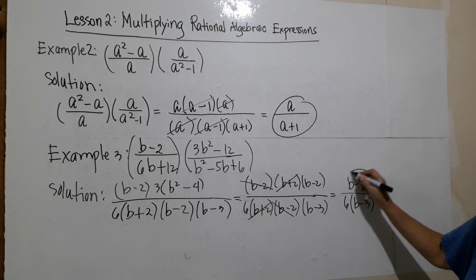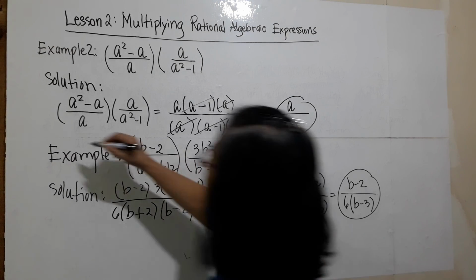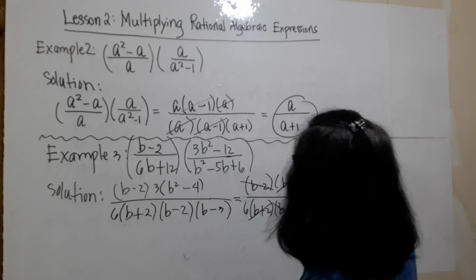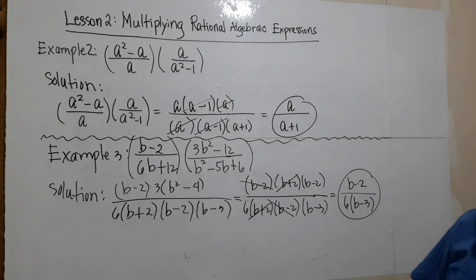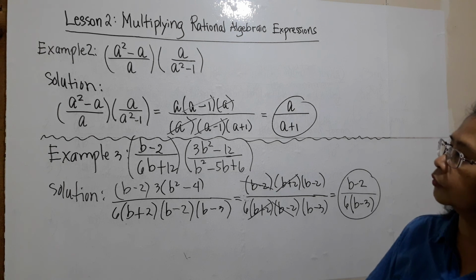So this is now the product of example number 3. Okay? So you can copy if you wish to. Copy completely and carefully so you will not miss anything in the solution parts.